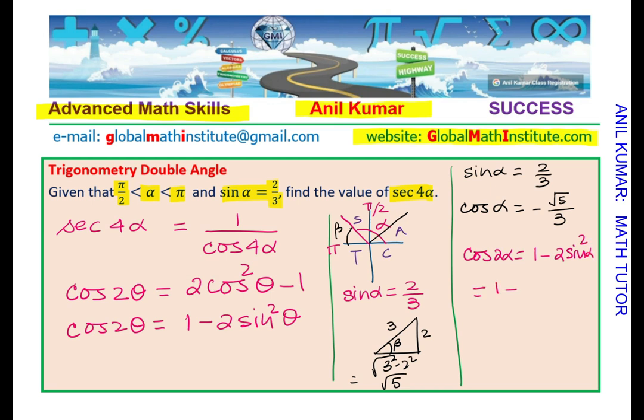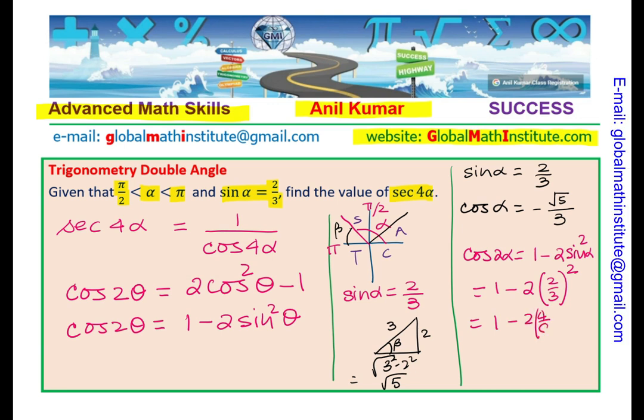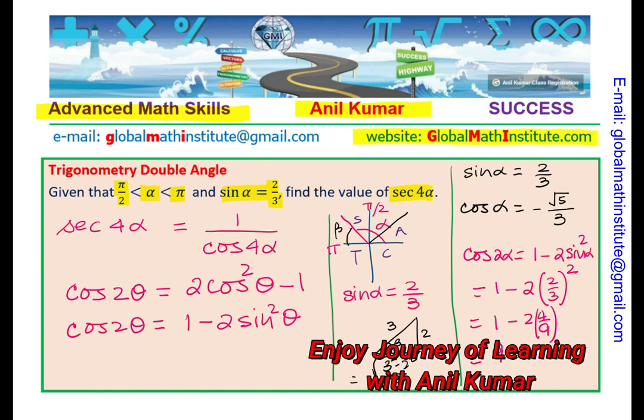So which is equal to 1 minus 2 times sine is 2 by 3, correct? Whole square, which is 1 minus 2 times 4 over 9, correct? Which is, I can write 9 minus 8 over 9 or 1 by 9. Makes sense? So cos 2 alpha is 1 by 9, you see? So once you have cos 2 alpha, then you can find cos 4 alpha. Perfect? Using the second formula.